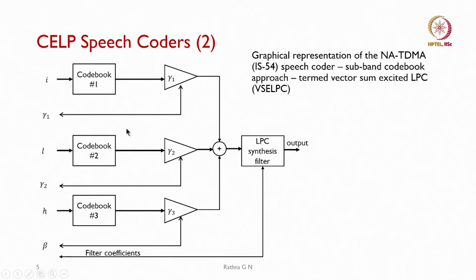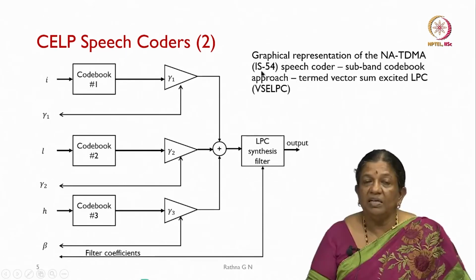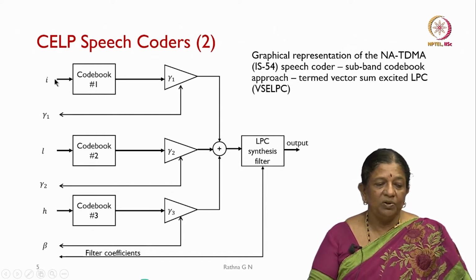Now, what is it? It is the NA-TDMA IS-54 speech coder, if we are using the subband codebook approach termed vector sum excited LPC, that is VSELP, as it is named. In that case, what is going to happen?